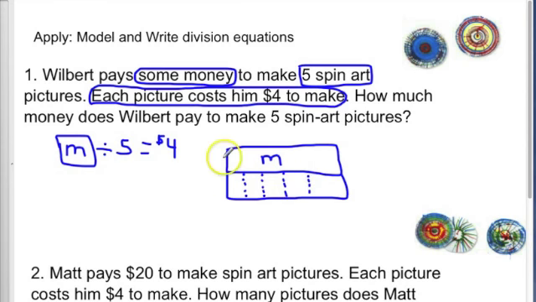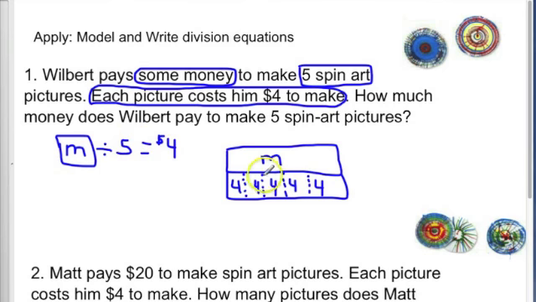So my unknown is divided into 5 parts equals $4. So this model represents this division equation. M divided by 5 equals 4.